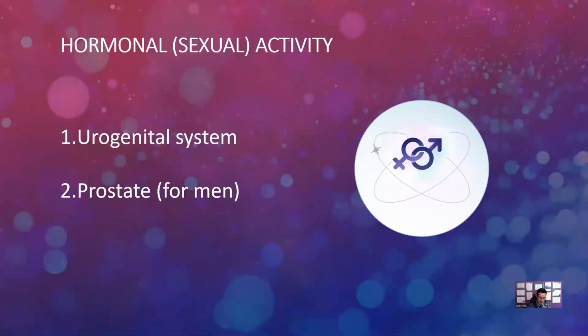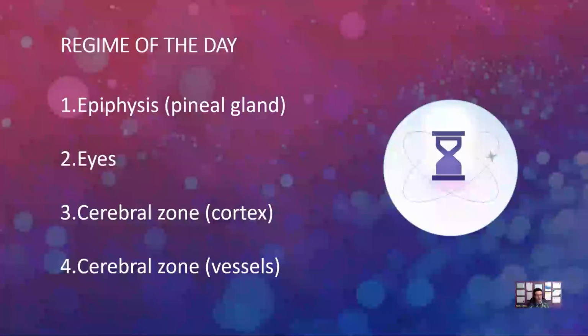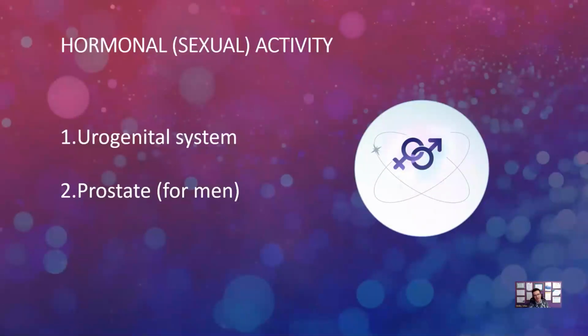This sphere is much more simple. It takes into consideration just 2 sectors, the urogenital system and the prostate for men. Well, you know that this sphere of hormonal or sexual activity is much more important for men than for women, because through sexual activity, men do lose energy while women do not.